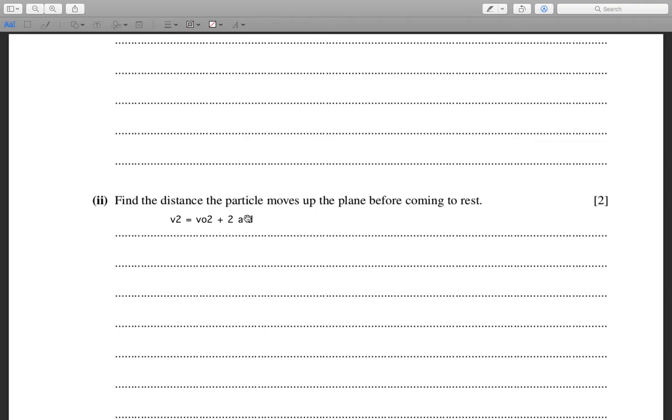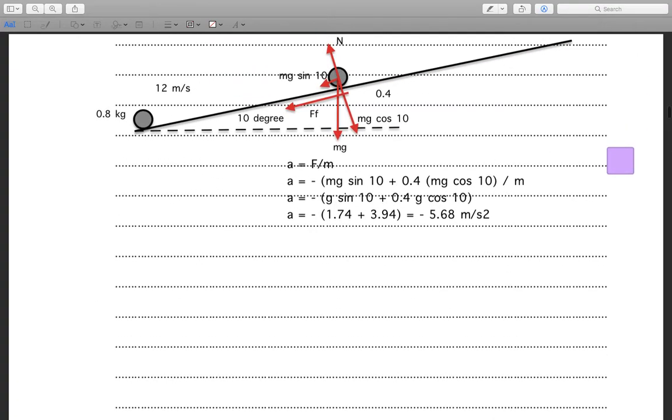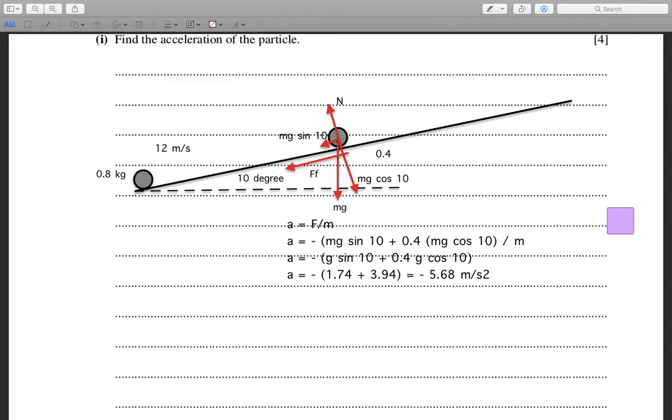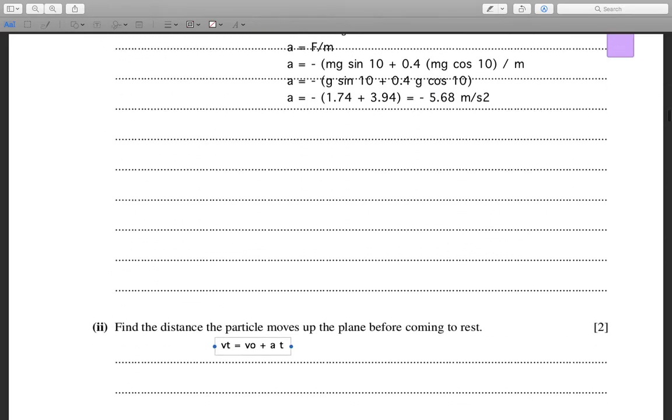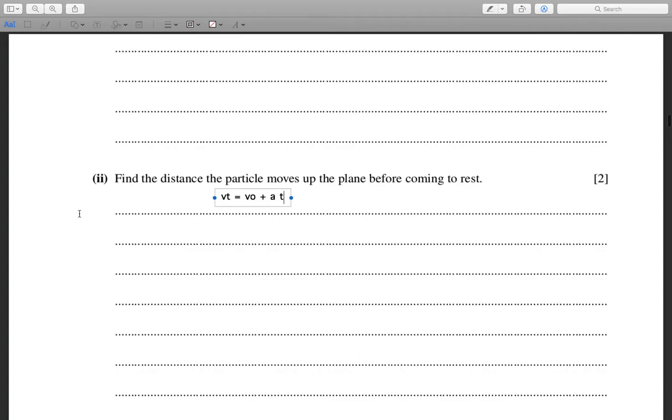So we can use the formula v equals v0 plus at. Oh my god, we don't have t. Okay guys, we don't have t, we also don't have d, we don't have time or distance, but we have a. We find t first.